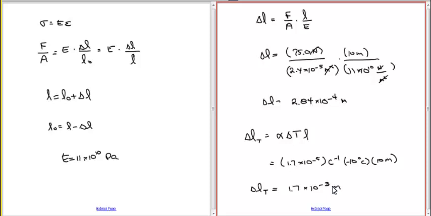So you can see that it's almost 10 times the change in length just due to the original tension. So we're going to add those together.